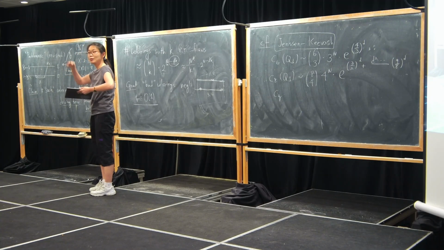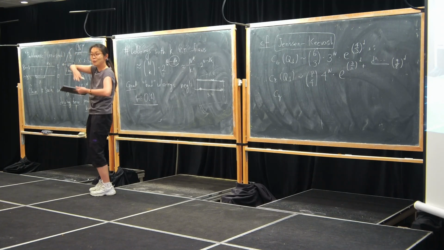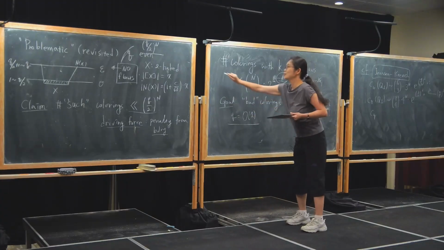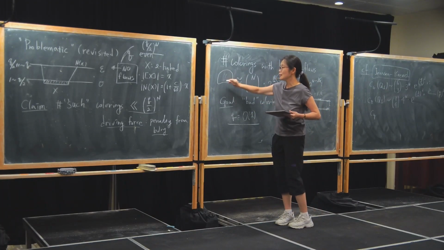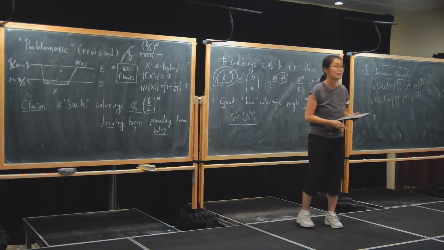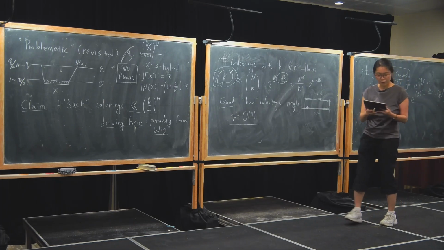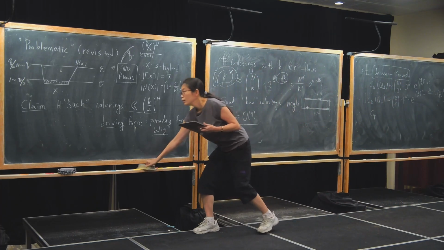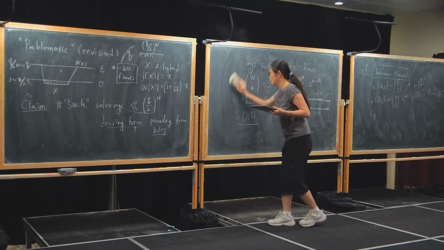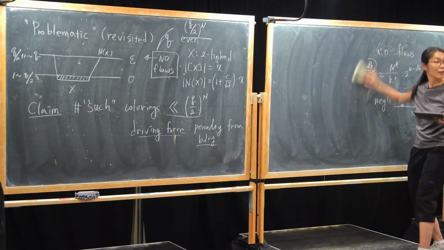Boundary means the vertices that are adjacent to the flaws. So when you have this flaw set, like X, the boundary means this part, the vertices that are adjacent to the flaw. This is what I meant by the boundary. Is the situation clear? OK.